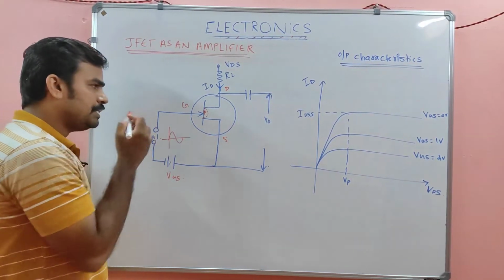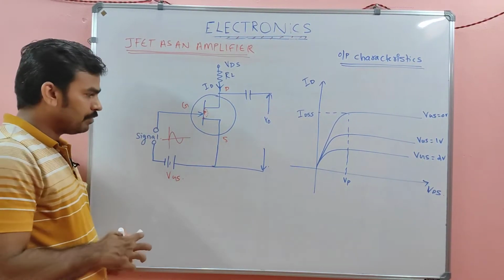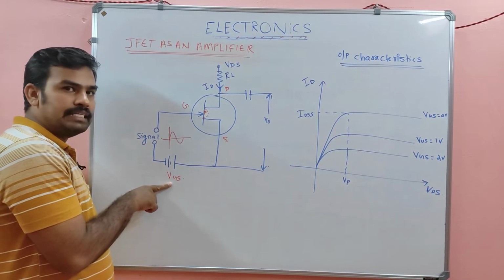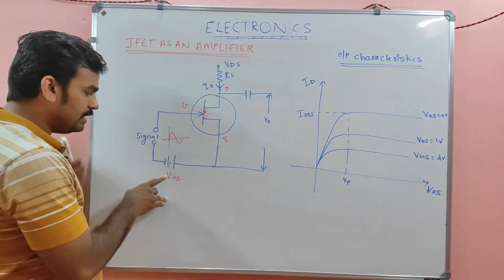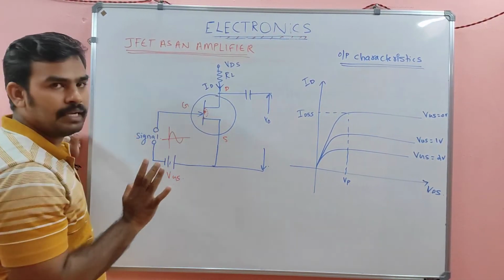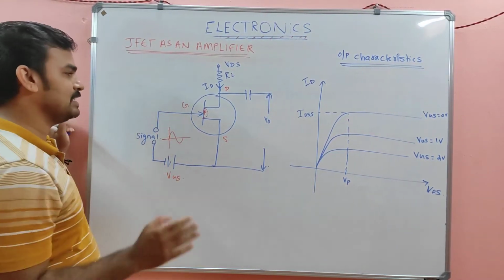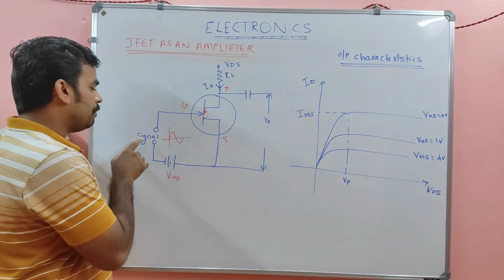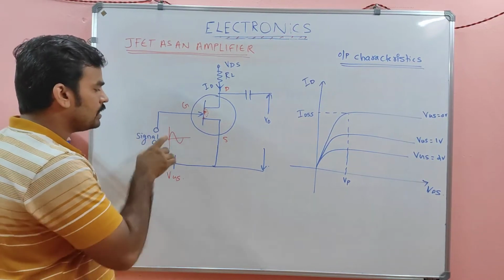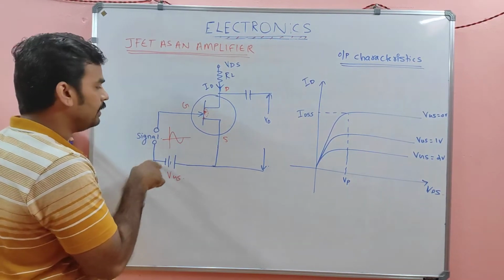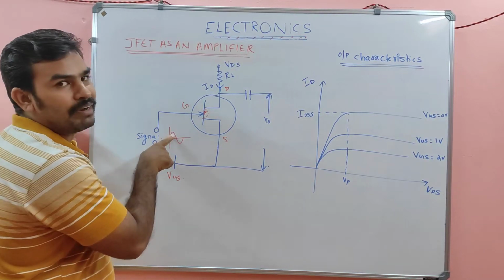So for the positive half cycle, what happened? Regardless of this VGS as the reverse bias, this VGS definitely makes this P reverse biased. That is the peculiarity of the N channel that we already discussed. When we are applying a signal, regardless of this VGS negative polarity, the signal contains positive, right?